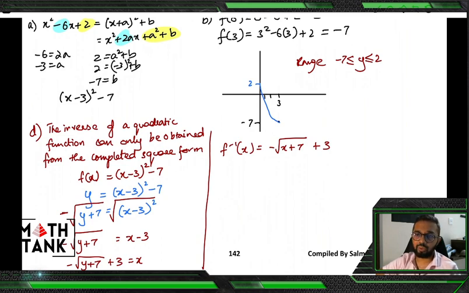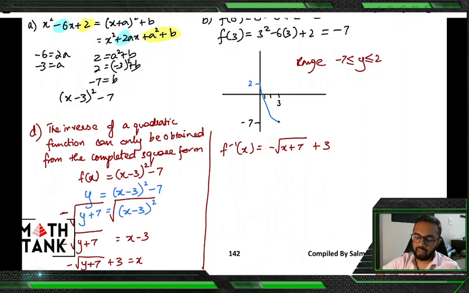When I'm removing the root, I need to be aware of the fact that when I put a root myself, it's both the plus and the minus outside the root that can appear. But since this has to be an inverse function, only one of those signs can appear. And in this case, it's going to be a negative. Why is this going to be a negative?